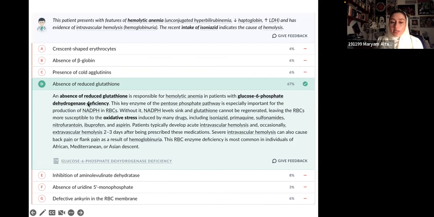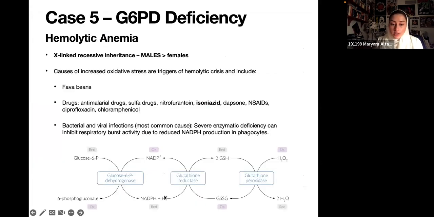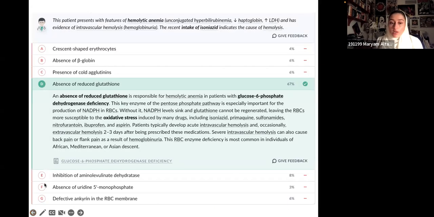We need NADPH to replenish our glutathione stores. The reason we care about glutathione is that the more we have, the more we're able to fight off stressors in the body, whether those stressors are drugs or infections. That's the most important thing here.